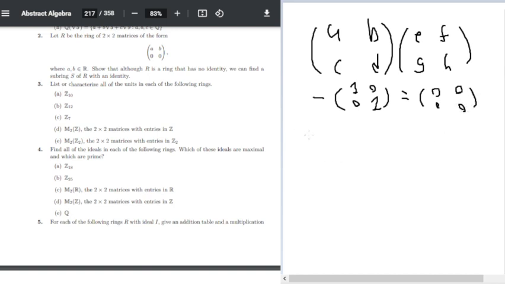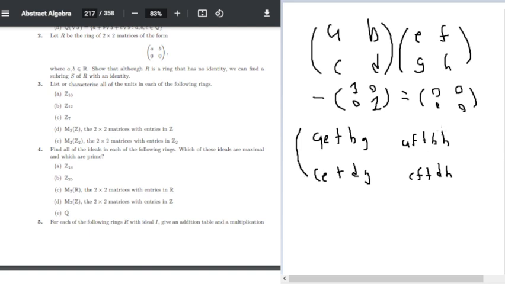So this is the same as saying AE plus BG, AF plus BH, CE plus DG, CF plus DH is equal to 1, 0, 0, 1.